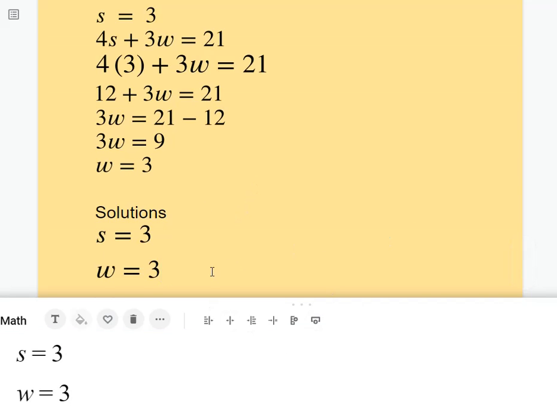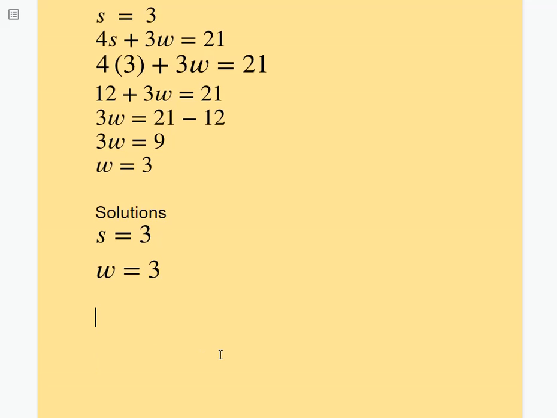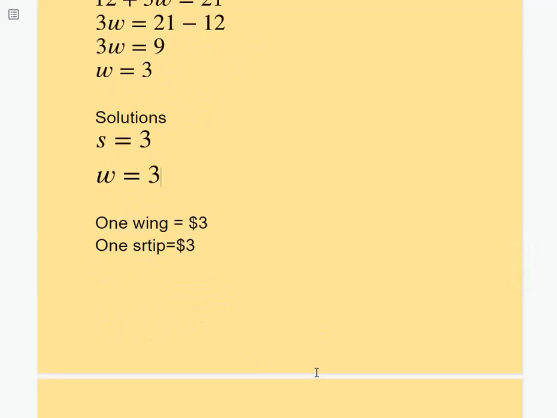Based on the way the problem was phrased, it means both the wing and the strip cost $3. So one wing equals $3, and one strip equals $3. That's what we found over here in the solution. That's what we're looking for, and then we're done.